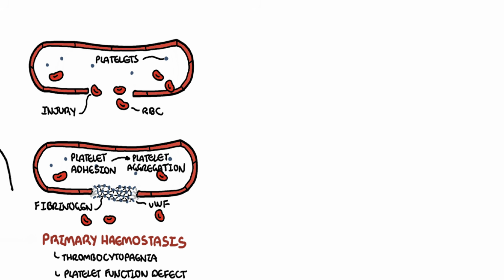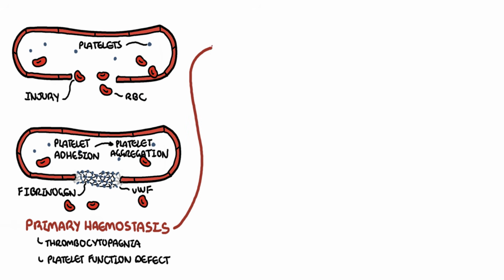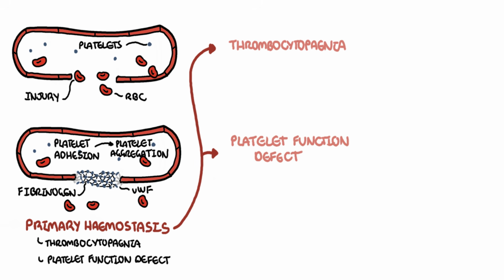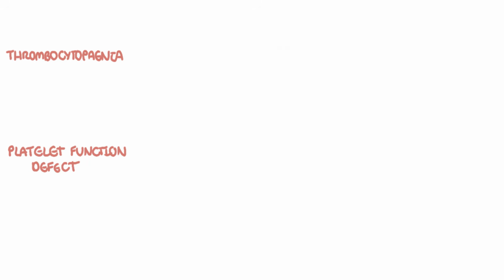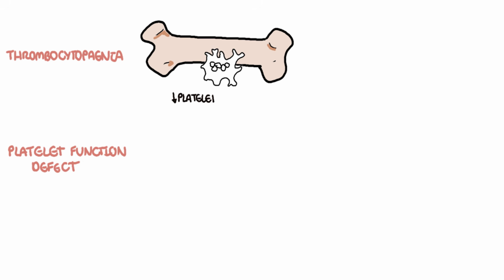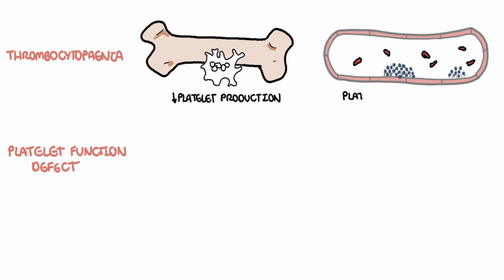Let's focus on primary hemostasis bleeding disorders first, which as mentioned is either due to thrombocytopenia or platelet function defect. Thrombocytopenia can be simply caused by reduced production by megakaryocytes in the bone marrow, and there are many causes for this.